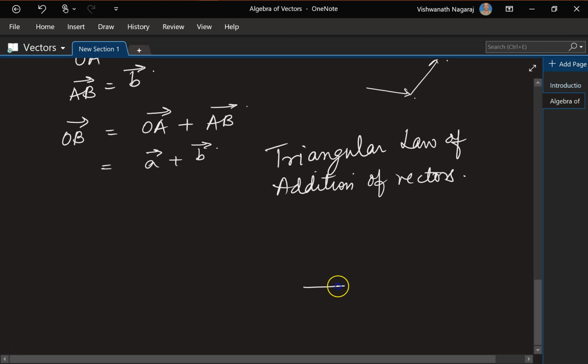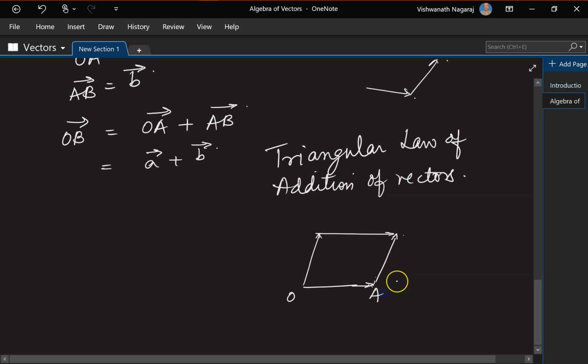Now let's take it a little bit further. Let's say we had the previous diagram, this is what we did. Now what we can do is create a parallel vector. Let's create a parallel here.